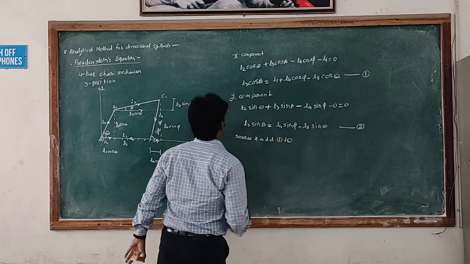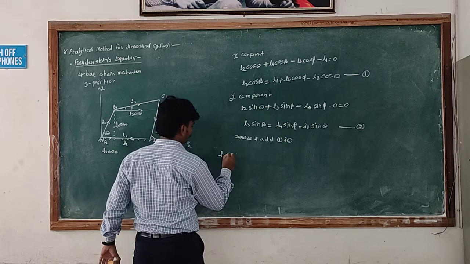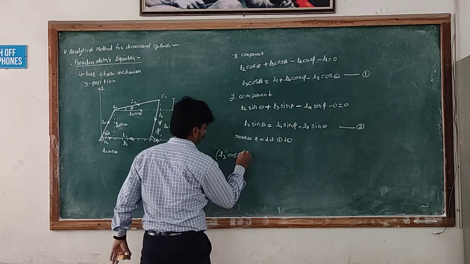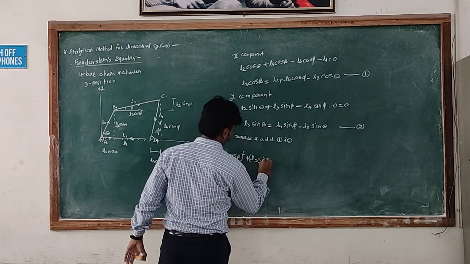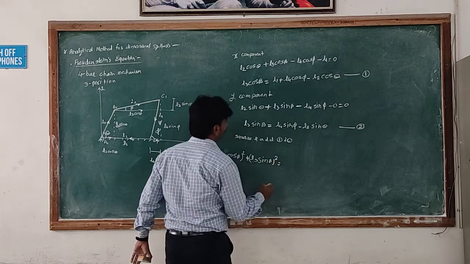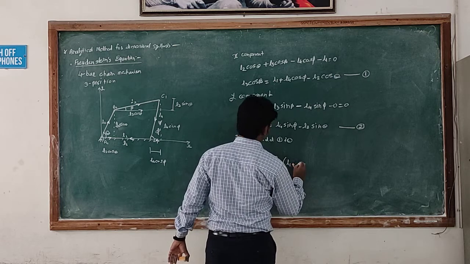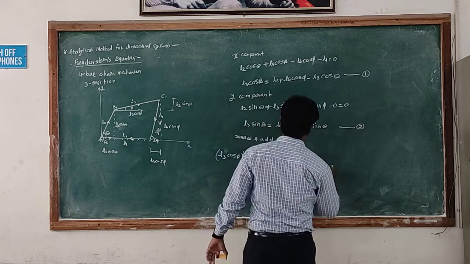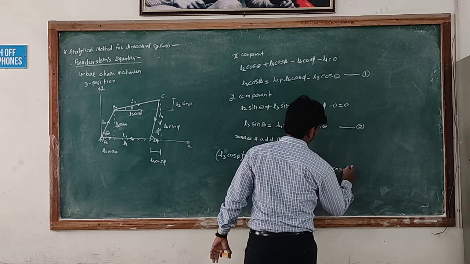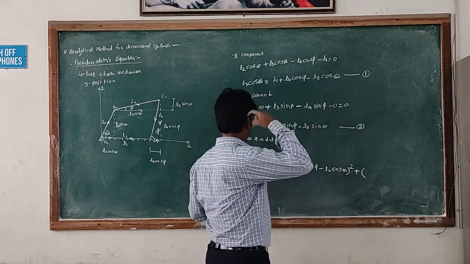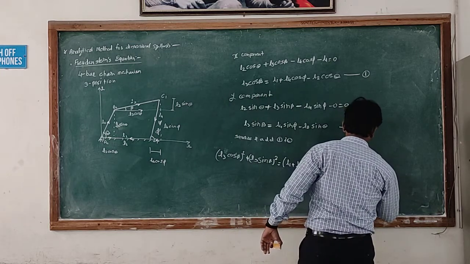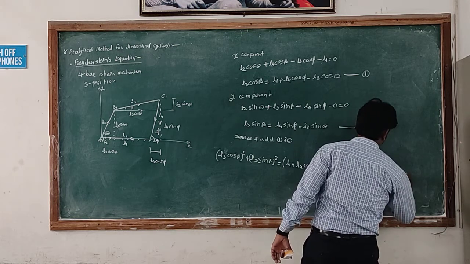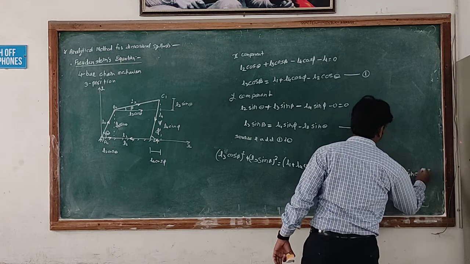equations 1 and 2. So we will get L3 cos of beta square plus L3 sin of beta square is equal to L1 plus L4 cos of phi minus L2 cos of theta square, plus L4 sin of phi minus L2 sin of theta square.